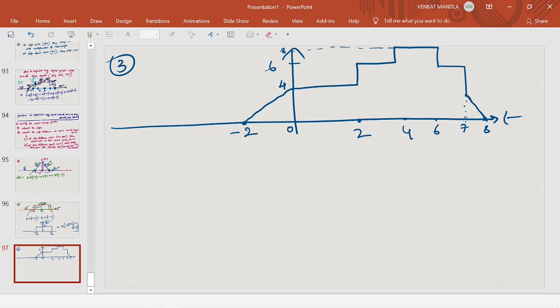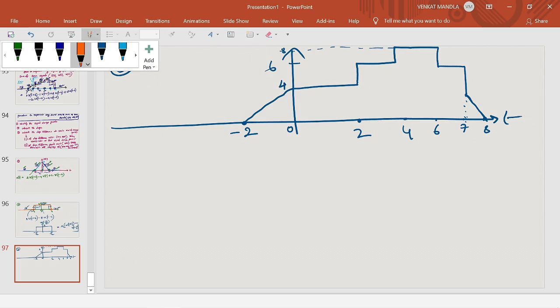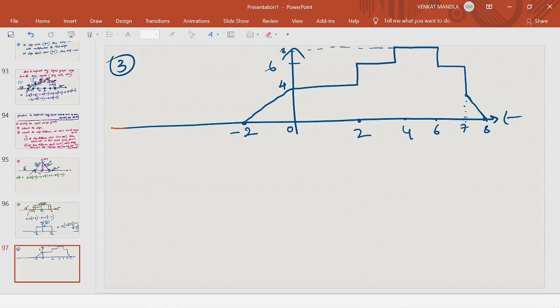This point is 8. So this is x of t. First identify the signal change points. From minus infinity to minus 2, we have 0. This is the signal change point, and it is going this way, and at t equal to 0 it is changed.